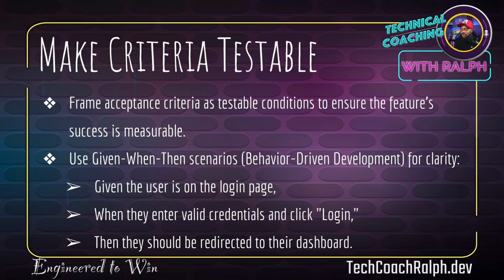I also like to use just a sentence that says the user should be redirected to the dashboard. The dashboard should load within 2 seconds on a 4G connection. The dashboard should have these tiles, whatever tiles you want, these metrics, whatever metrics you want, but it should just say exactly what the expectations are. And now the testers, the QA engineers, can go and write test cases to satisfy that testable criteria.